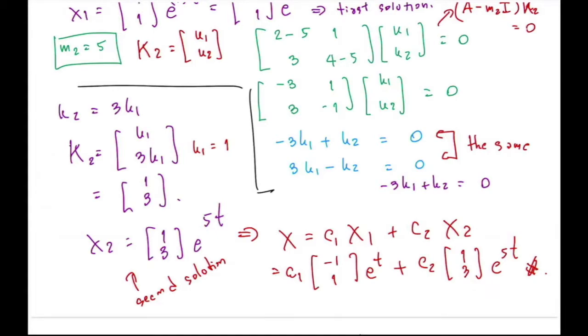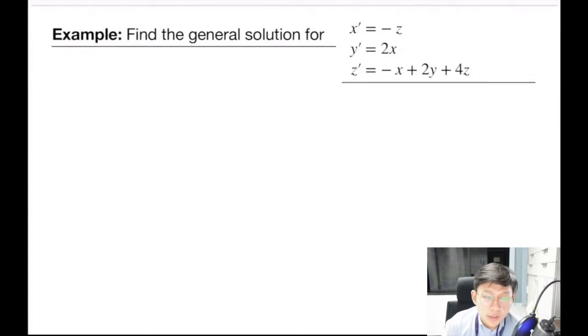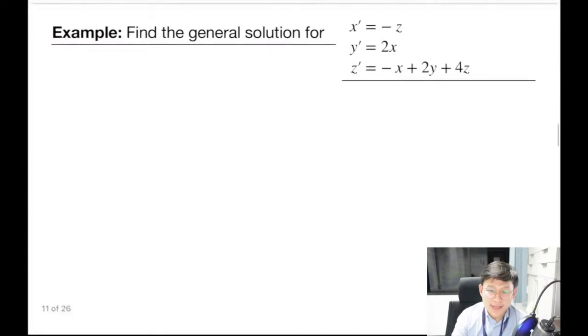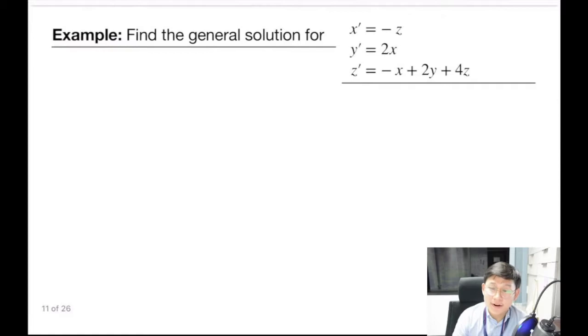Okay, next example. This one, we have 3 independent variables.